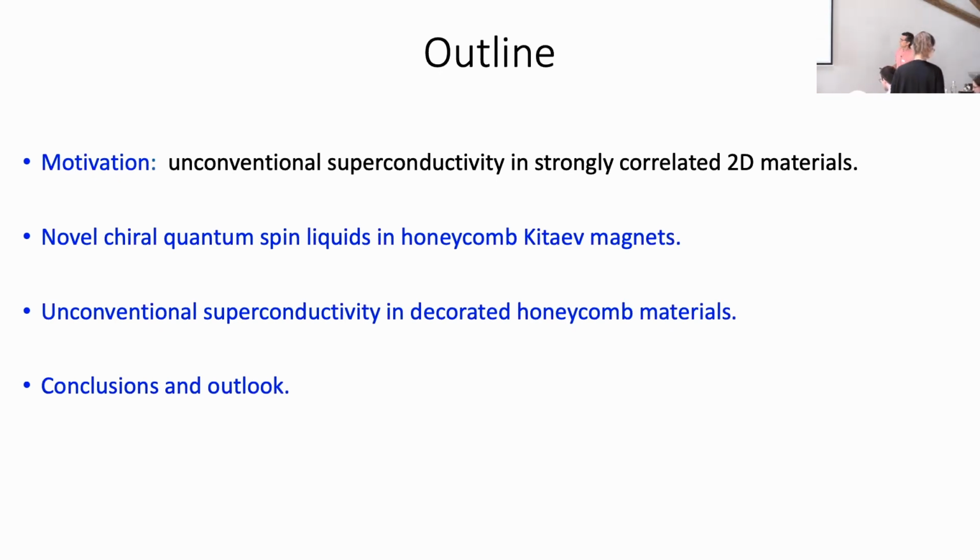So the motivation, in a broader sense, is understanding unconventional superconductivity in strongly correlated materials. This is a bit like the common thread of all this, but the two main topics I will be discussing: one is novel chiral quantum spin liquids in honeycomb Kitaev magnets, which is of course strongly related to Takagi's talk.